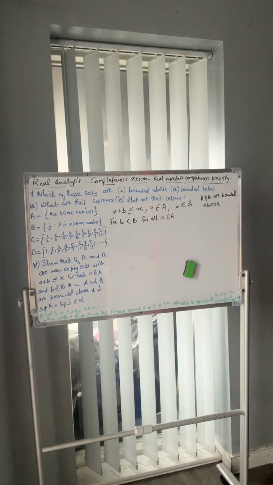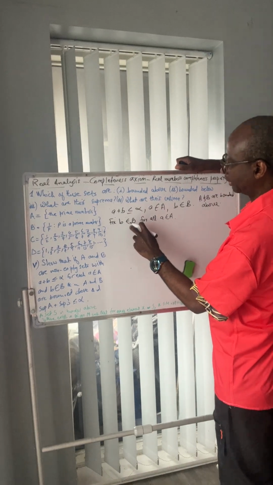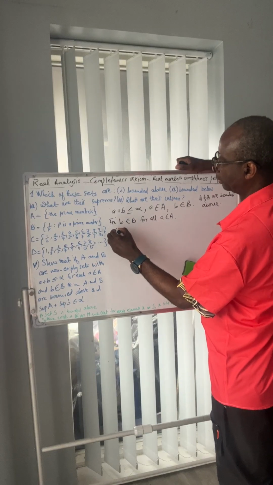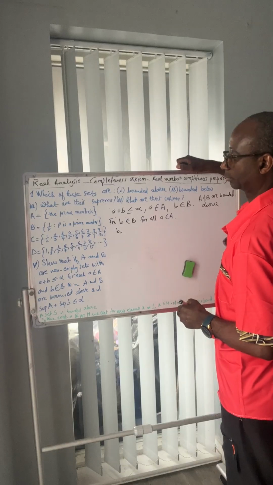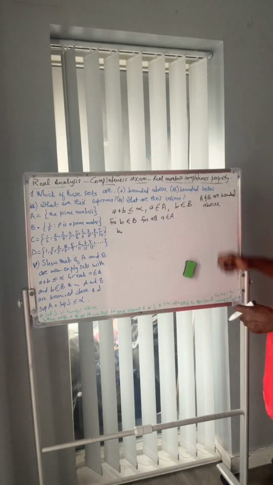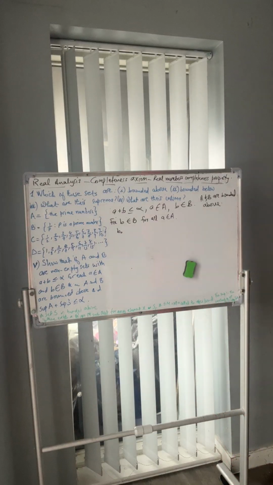So we fixed one element of B. When we fix one element of B for all a, that element now becomes b. Let's call it b sub 0. I hope it helps. You fix one element, we call it b sub 0.